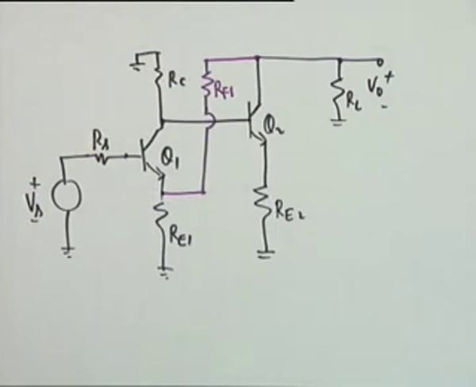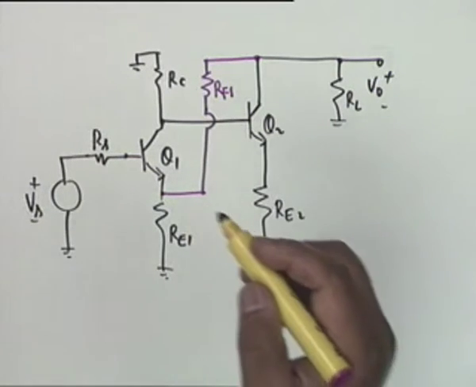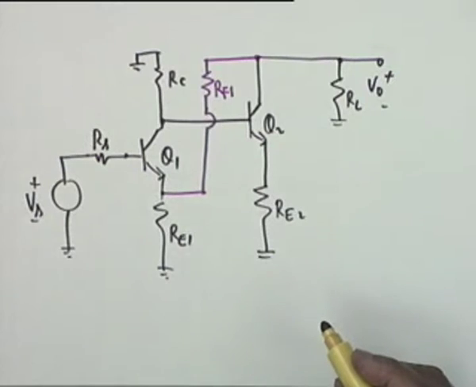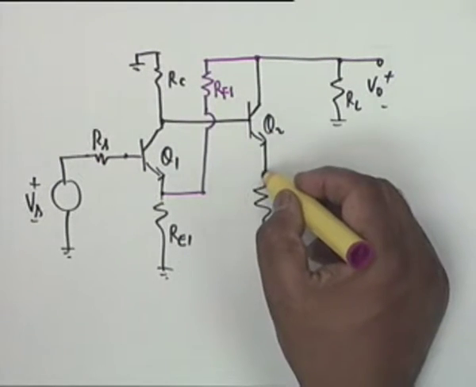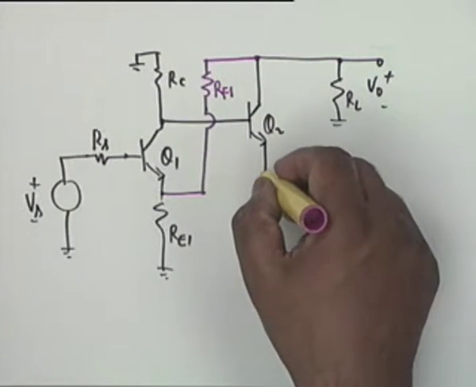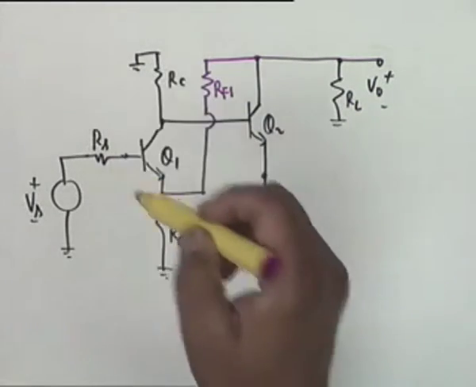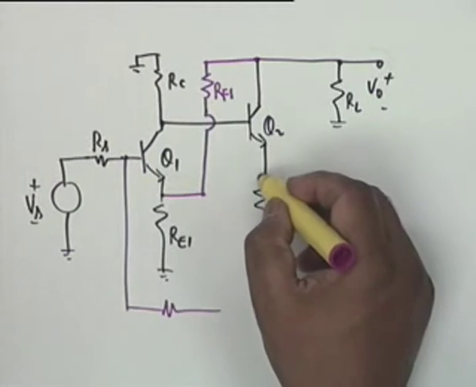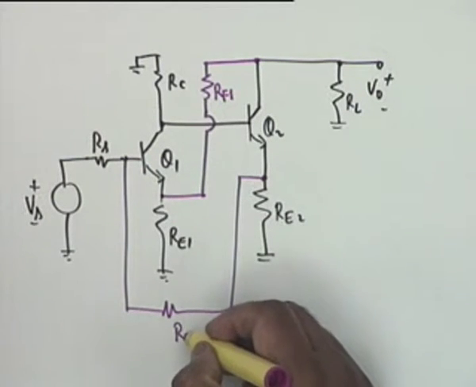This is the shunt feedback, and the other one, the series feedback, is applied. The shunt series feedback is applied from here to this point. This resistance is RF2.